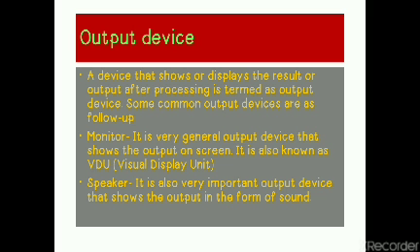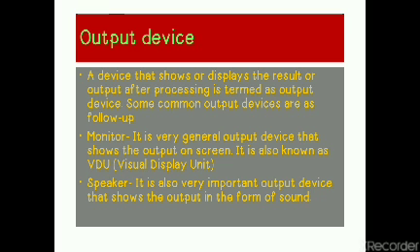What is an output device? A device that shows or displays the result or output after processing is termed as an output device. Means when we have given any information or instructions in the form of input to the computer, the computer takes that input and processes it, and when the processing is completed, the computer shows the result.